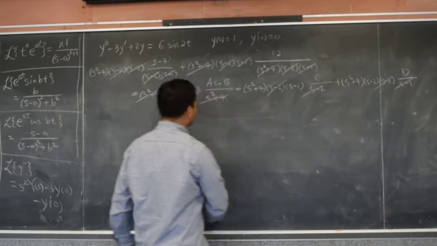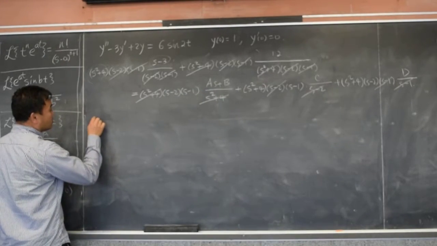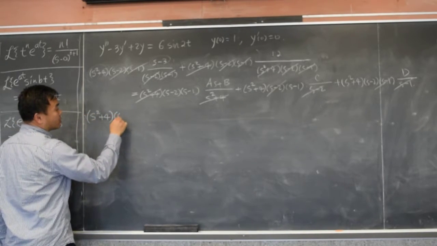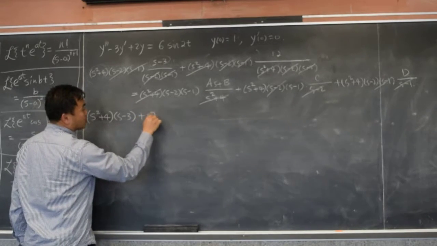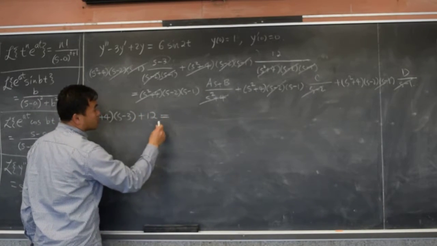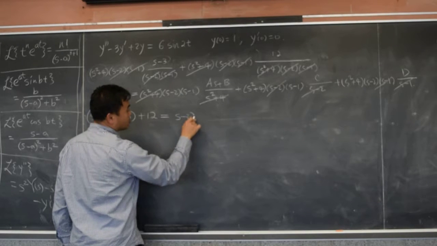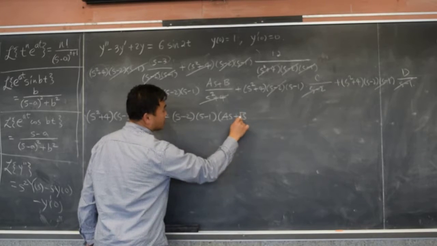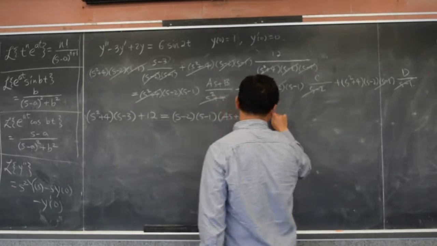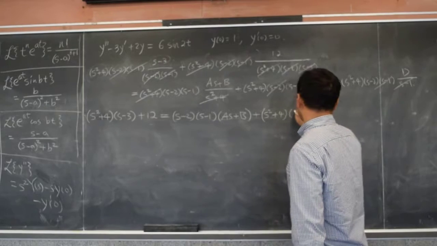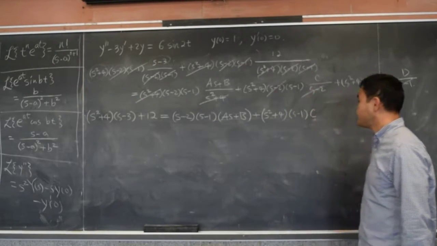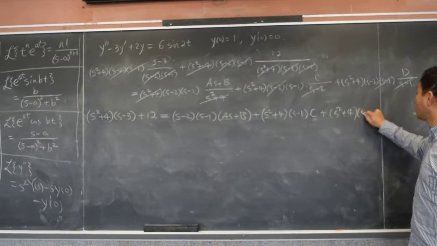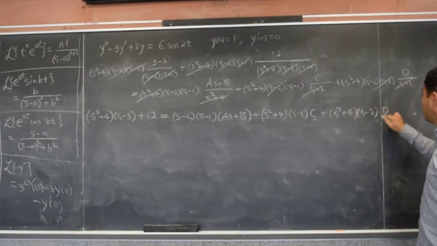All right, now let's see what we get after canceling. So first we have s squared plus 4 times s minus 3 plus 12 equal to s minus 2, s minus 1, as plus b, plus s squared plus 4 s minus 1 times c, s squared plus 4 s minus 2 times d.